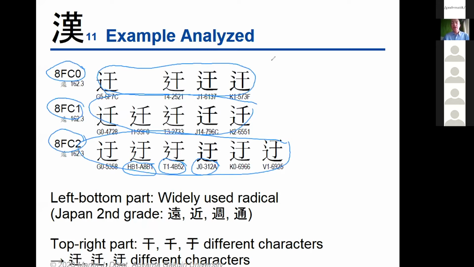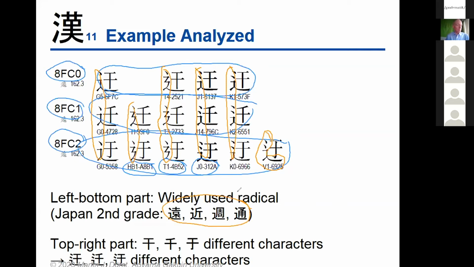On the other hand, here this part varies for each of these national versions of the characters, but they nevertheless get the same code point, the same number. Yeah. Why is that? Because this bottom left part is widely used in many other characters.